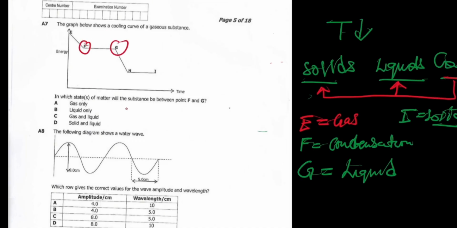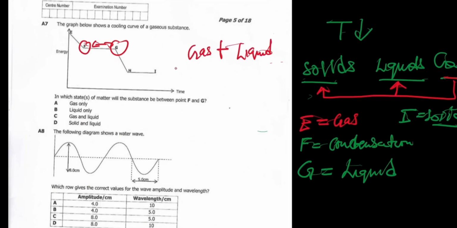Now, at this point, notice that this is condensation. The gas is being changed to the liquid. That's why the temperature remains constant. If that is the case, then during this process, you have gas plus liquid coexisting.